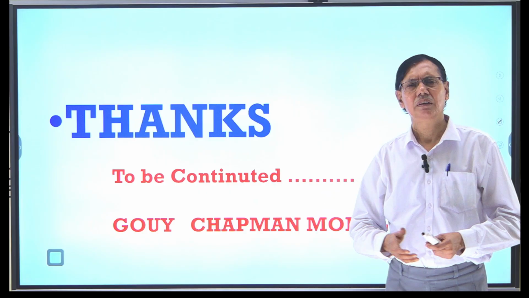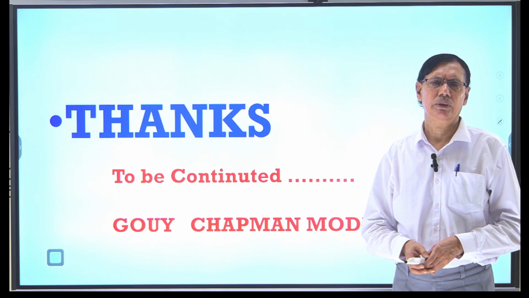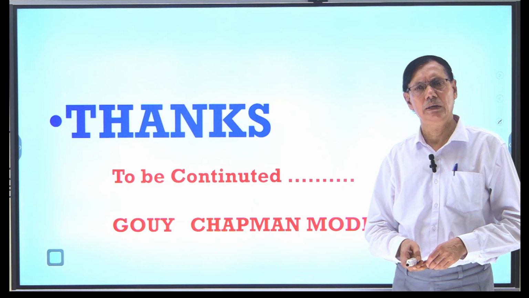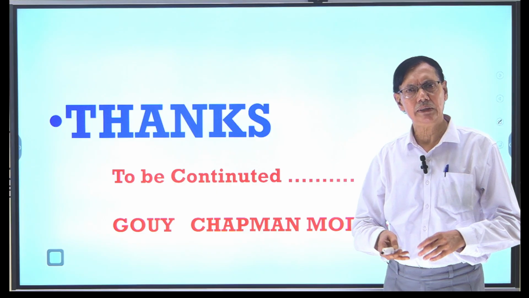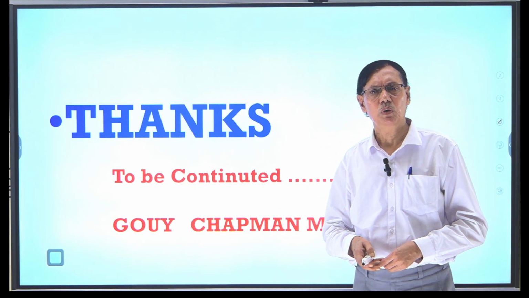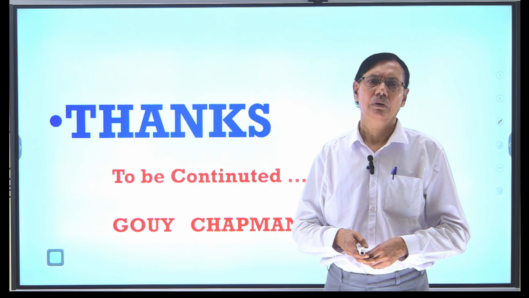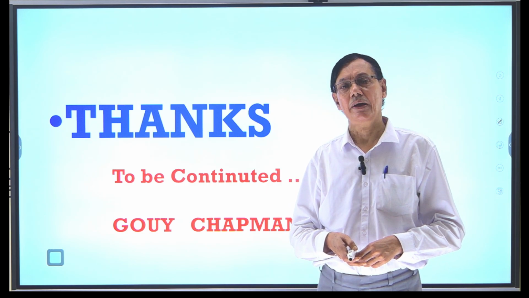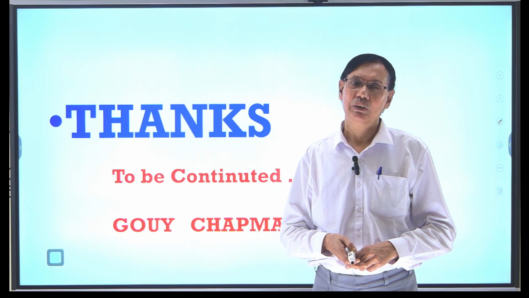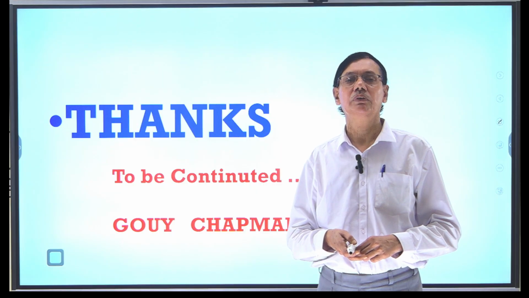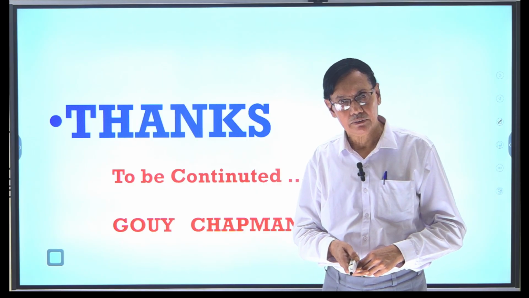There are certain small aspects of the difference between the polarized and non-polarized electrode, the actual definition of electrified interface, what are the applications of, what is the significance of electrified interface, and that is essential and necessary in order to understand the different models of electrical double layer. Thank you very much.